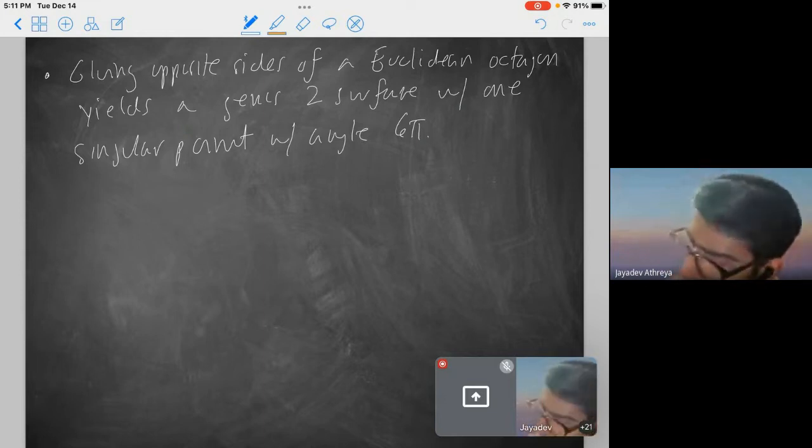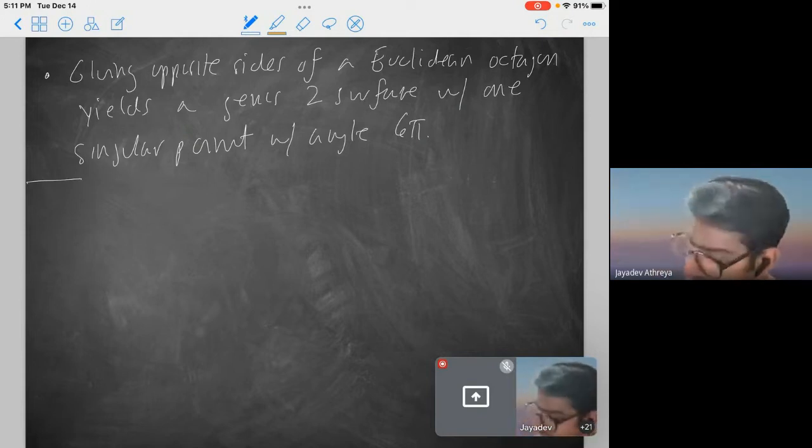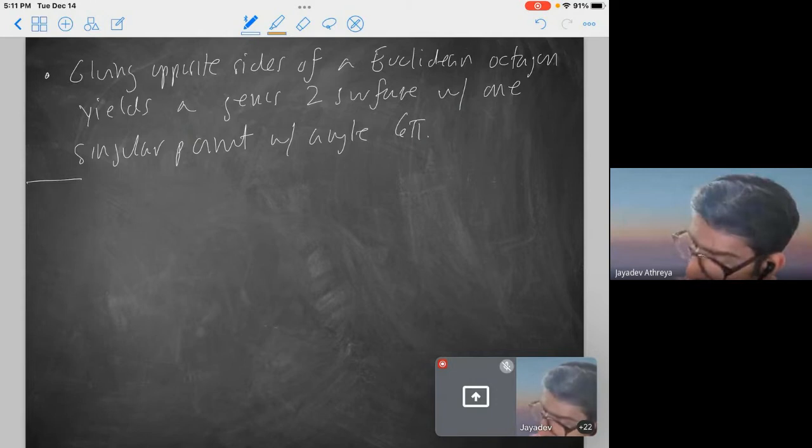So here's an exercise that I think is really nice, and it's an excellent exercise in general.